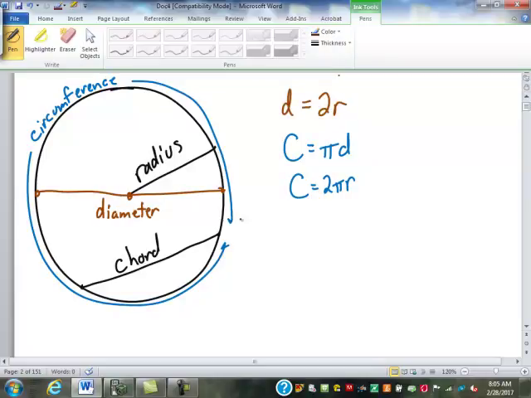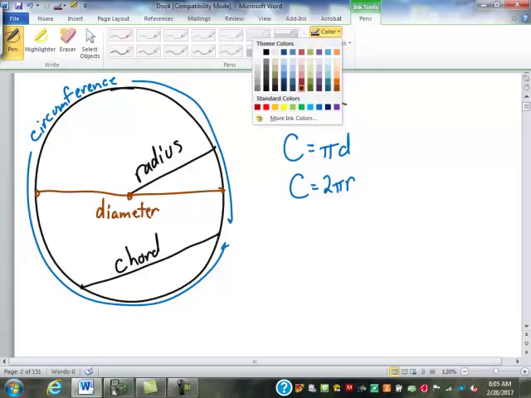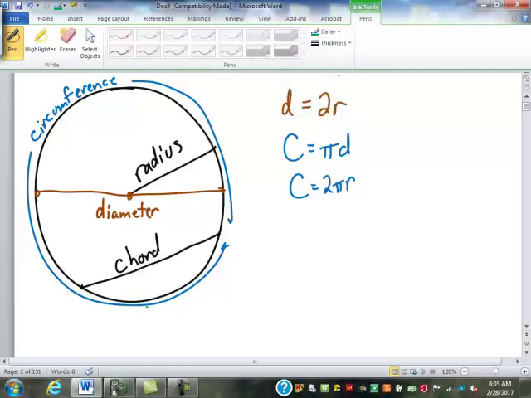Other structures that we will become familiar with through trig. One is a tangent. A tangent is a line that just touches the outside edge of a circle, but doesn't actually penetrate the circle.